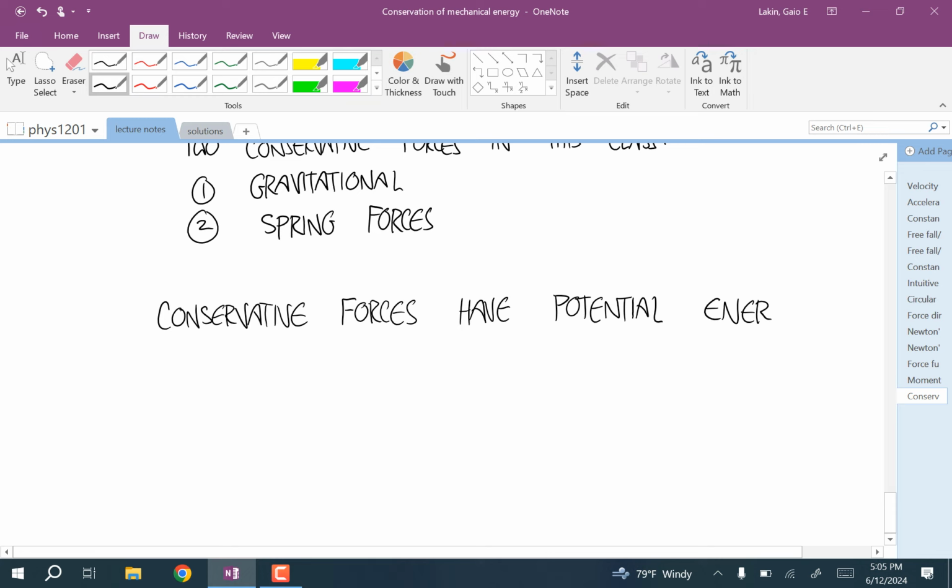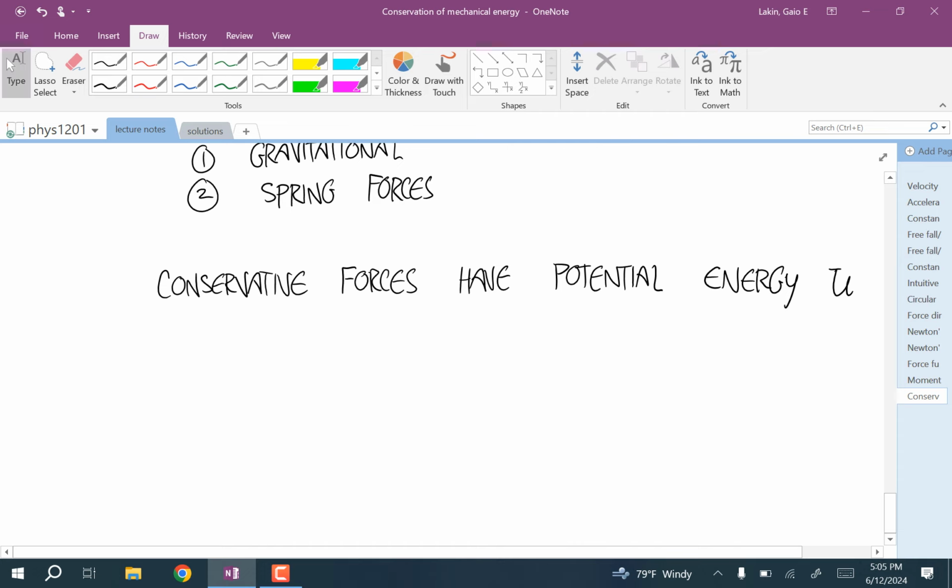And the idea of potential energy, and this is the one we're going to call capital U, is that the work done by this conservative force is equal to the negative change in potential energy.